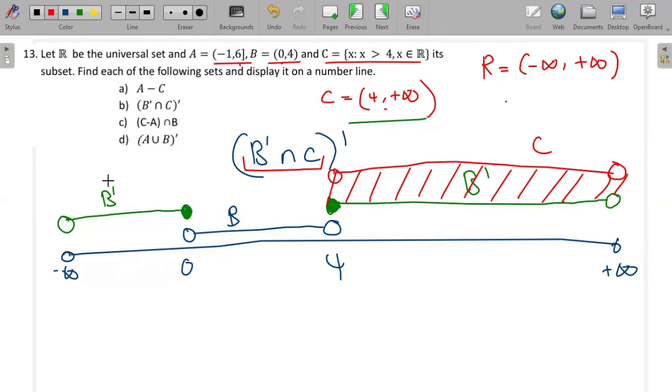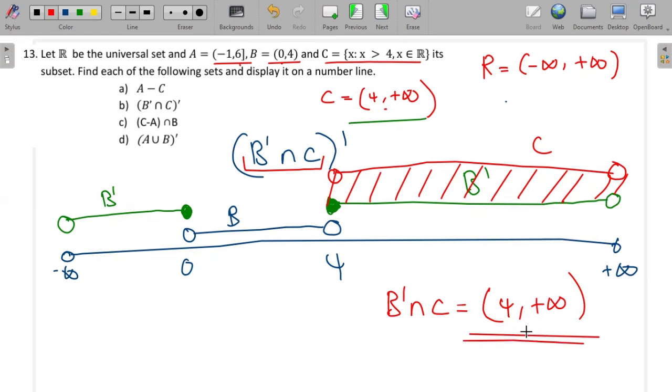Here we don't have any red line, so we forget about this. So B complement intersection C is from 4 all the way to positive infinity. Why are we putting a curved bracket here? It's because in B complement it's shaded here, but in C it's not there. So it's not in the intersection.